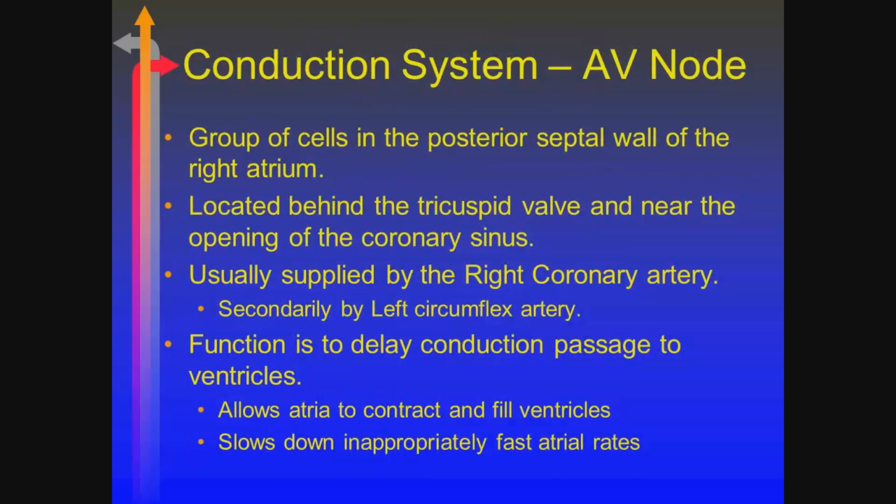Opening near the coronary sinus. Usually, again, supplied by the right coronary artery, but does have some degree of being fed by the left circumflex. And if there's a delay, it functions to delay the conduction to allow the atria to contract and fill. And if I have an atrial rate that is way too rapid, the heart will attempt to slow it down by prolonging the time that the impulse is held in the AV node.